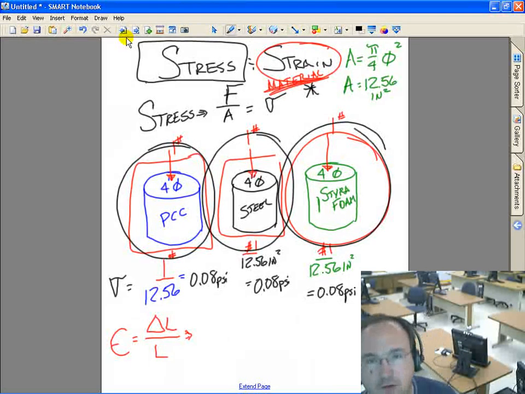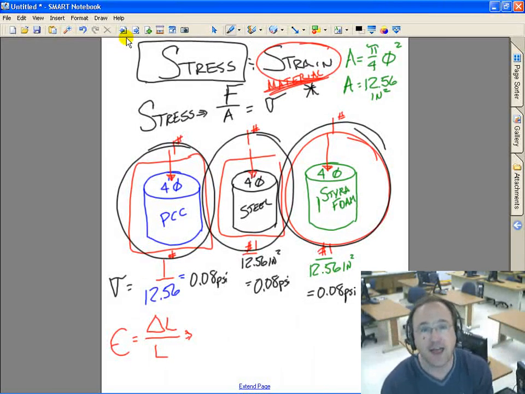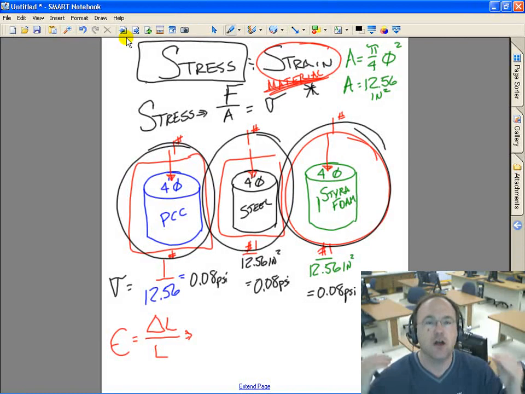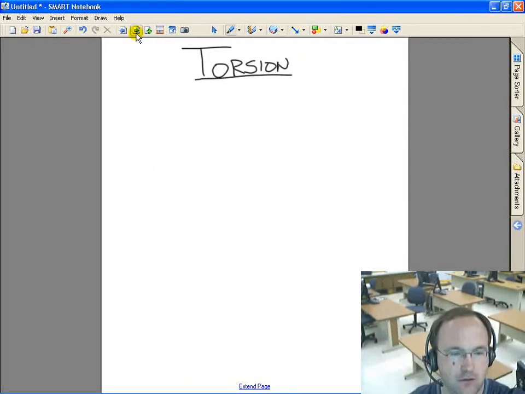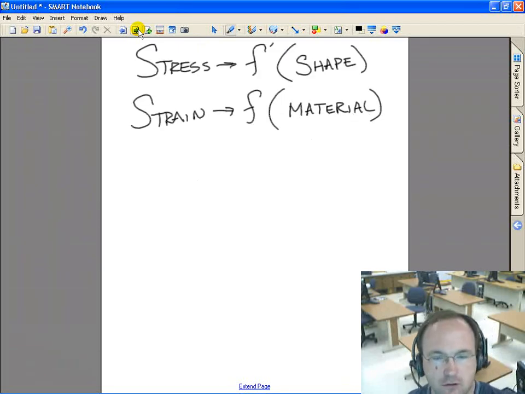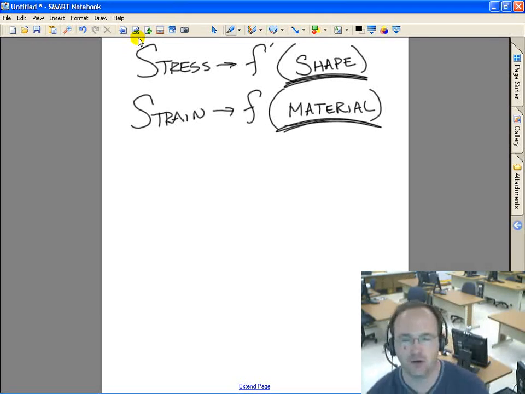It's going to be different than how the styrofoam reacts, even though they have the exact same stresses. The material will act differently. The stresses are the same based off of the geometrical shape of the object, but the strain is different. So we need to understand the effect of the shape and the effect of the material.